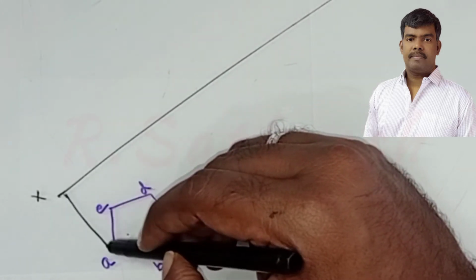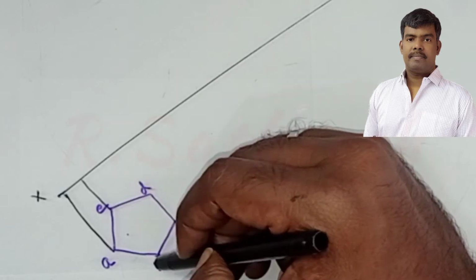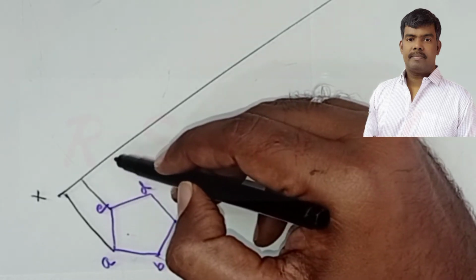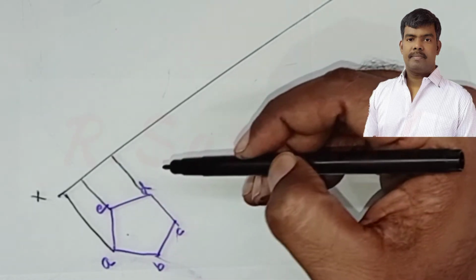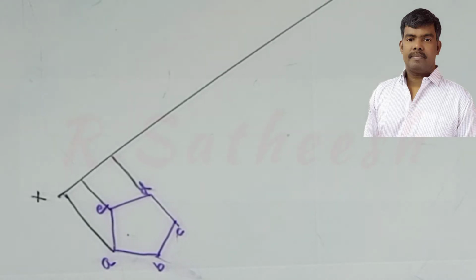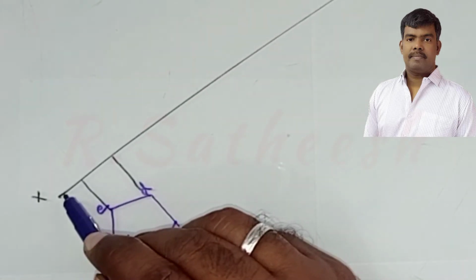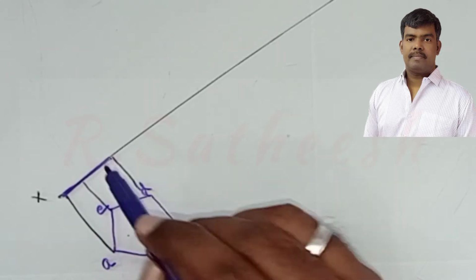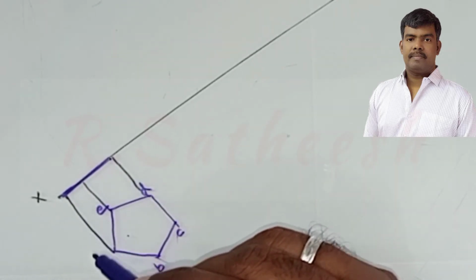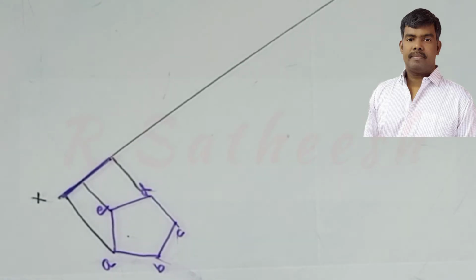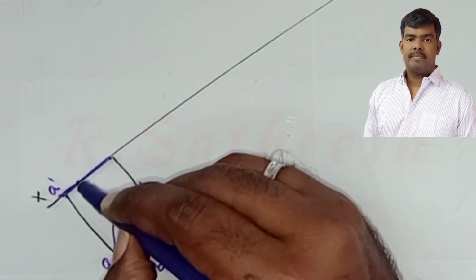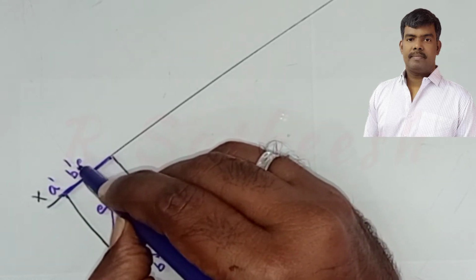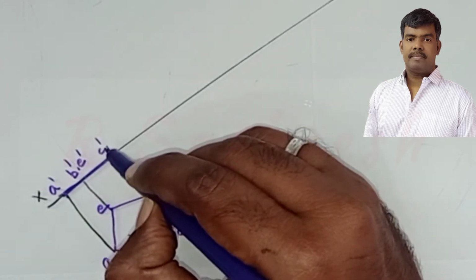From A, this is B, and B and E coincide, C and D coincide. Now you draw the front view. Before tilting, the complete plane is resting on HP, so the front view lies completely on XY. This is A dash, this is B dash, E dash, this is C dash, D dash.